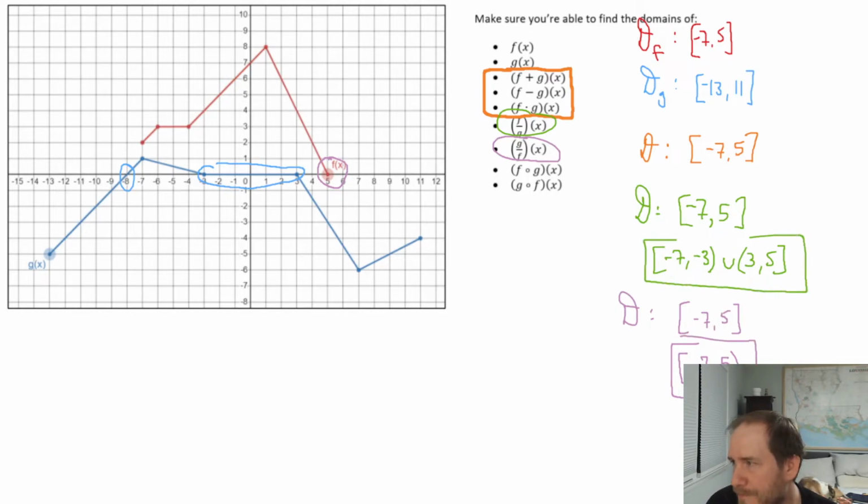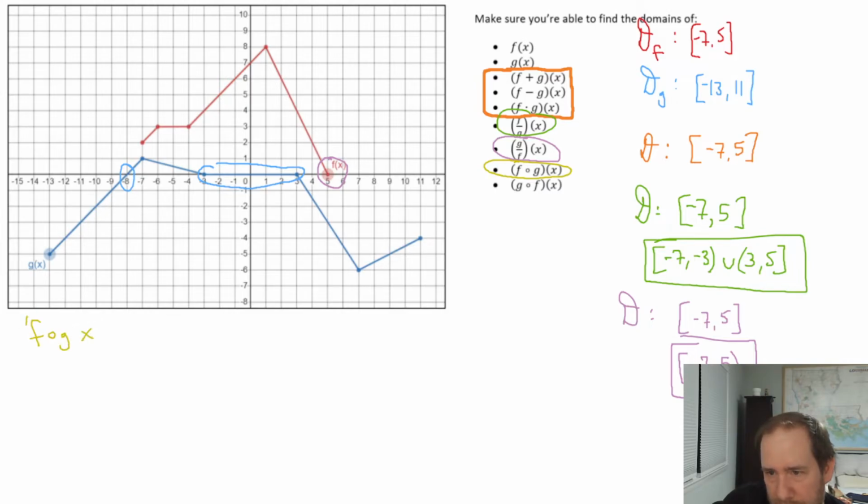That one happened. Now we can do the compositions. Red, orange, let's use this weird puke yellow color, and we'll do f composed with g. Alright, as I said in the last one, you're going to start by considering the domain of g, which is this big domain that goes all the way from -13 to 11.